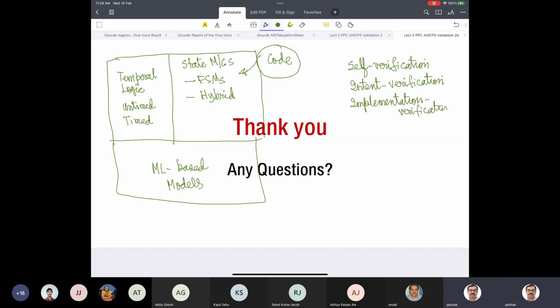And then we see learned model validation. These are all extremely important research topics of today. And if you are interested, we can discuss this further.